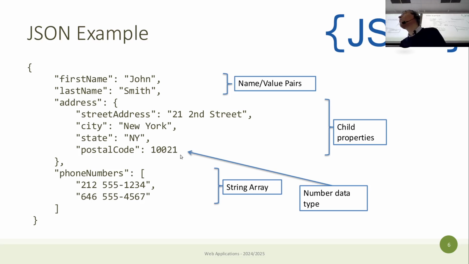They're numbers, so this is not a string, but a number. Probably the meaning might be a string, but we can transmit a number. And phone numbers is a list, an ordered list, what we call an array in JavaScript. You can transmit lists as well, and you can compose these values as you like.